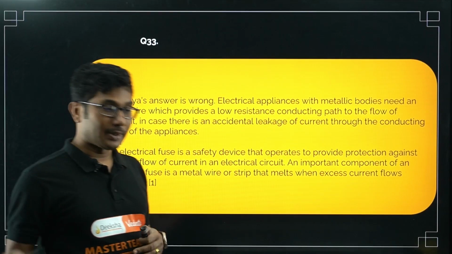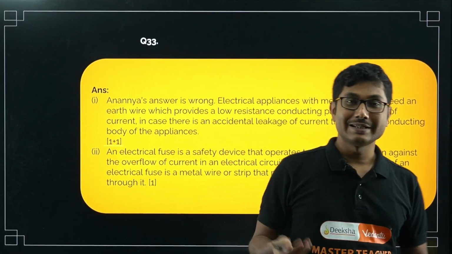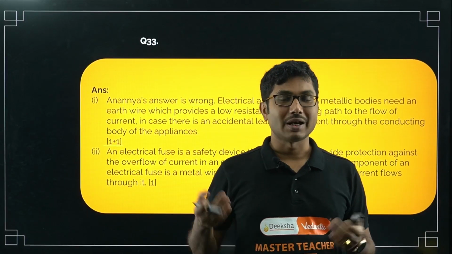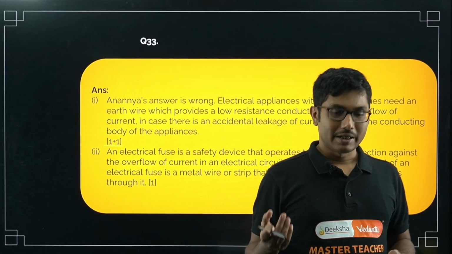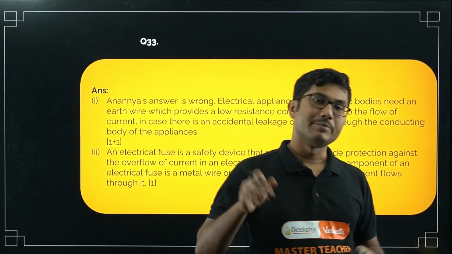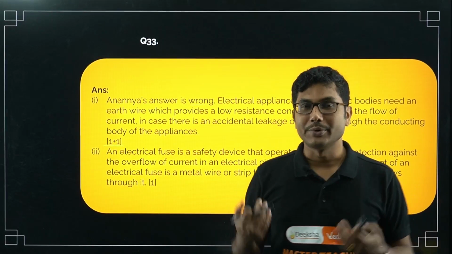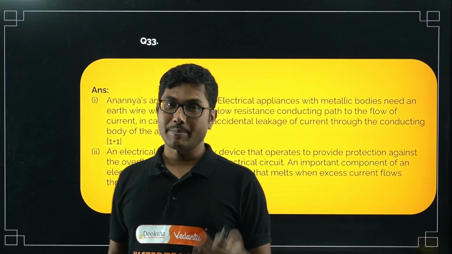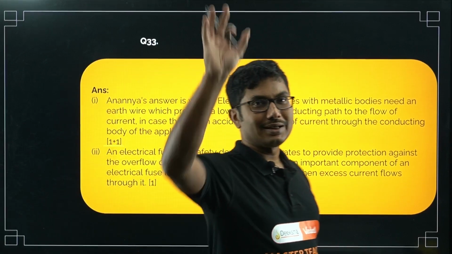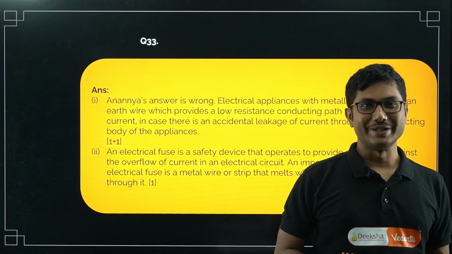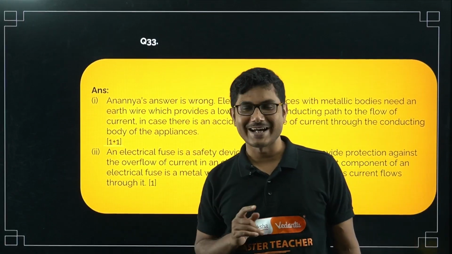But in case of a bulb there is no chance of leakage because the body is made up of glass mostly, or plastic. Even if a leakage happens, the bulb itself will burn and it will prevent any damage to the user. Also, users generally do not touch the bulb when it is glowing, right? You do not touch the bulb, don't try it at home.